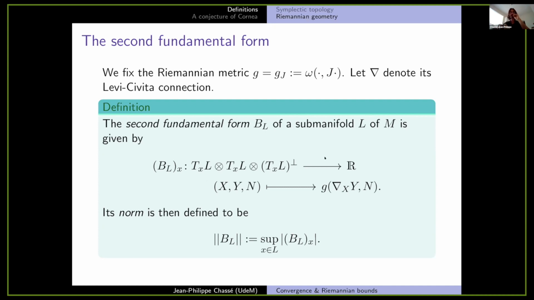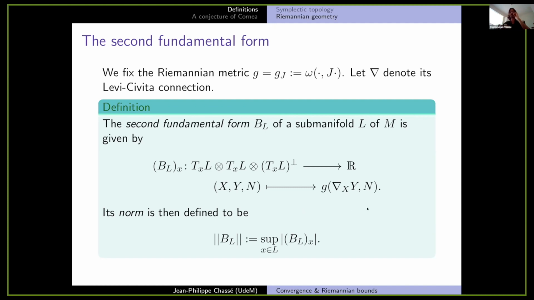Since this is a linear application, I can use the Riemannian metric to take its norm, and then I can just take the supremum of the norm at each point, and I'm going to call that the norm of the second fundamental form.